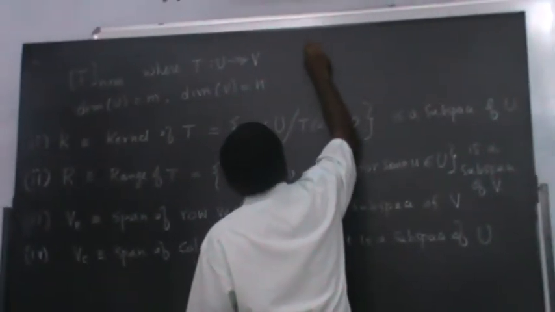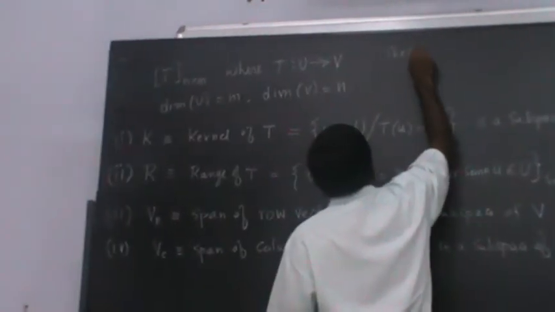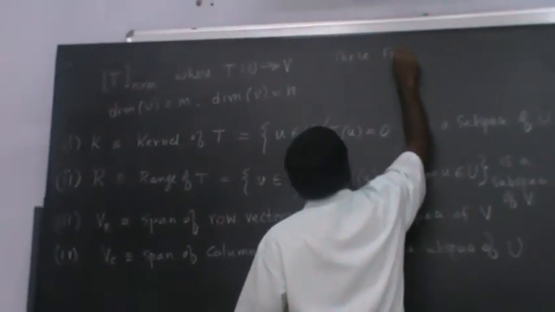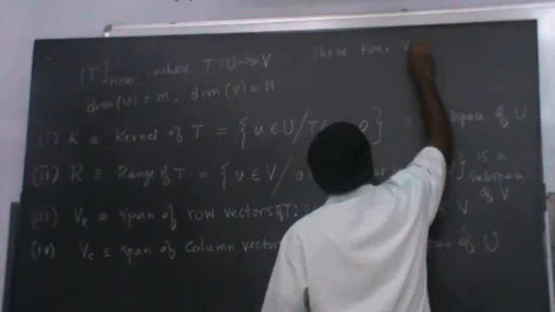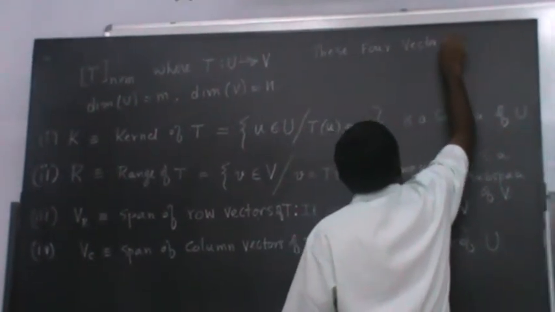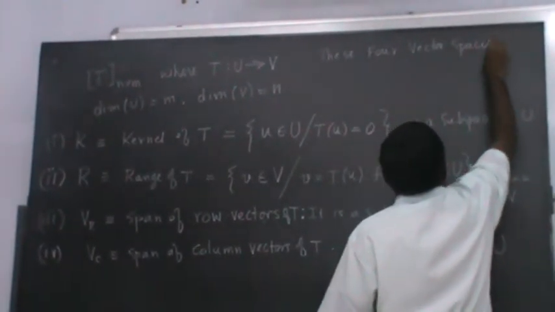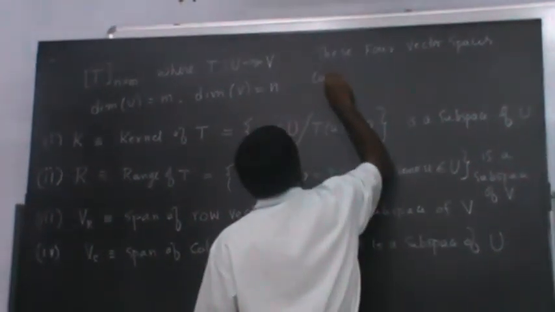So these are the four vector spaces that you can define.